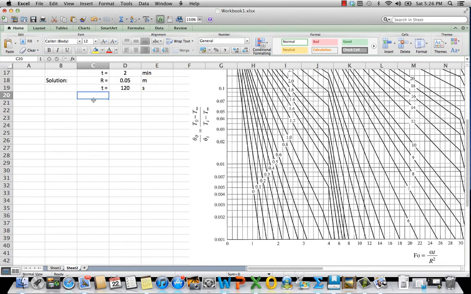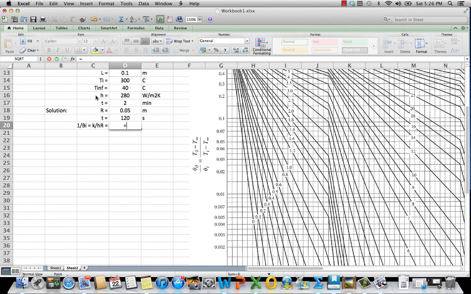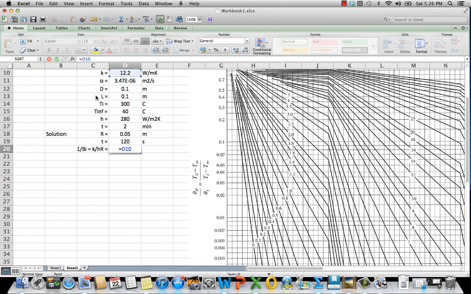Okay, so 1 over Bi is k over hR. So in this particular case, k over my h over my r. It should be a dimensionless quantity there, so I don't need to worry about my units if I made sure that everything cancels.